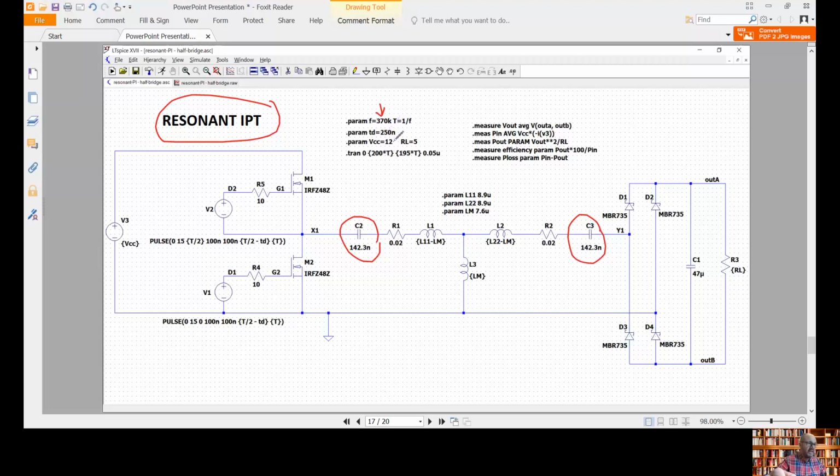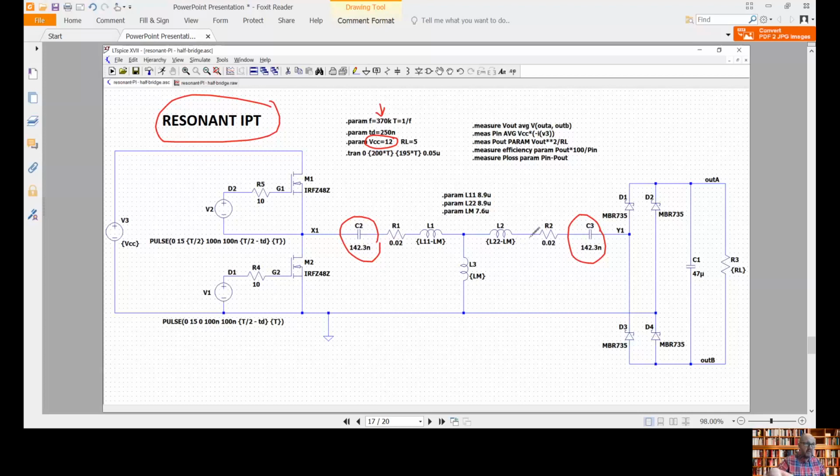So note that in this case, in order to obtain here at the output the same 5 volts, we have to reduce the input voltage to 12 volts here at the input. Because at the end, this series circuit is going to behave as a very low impedance, because it is going to operate at resonance.